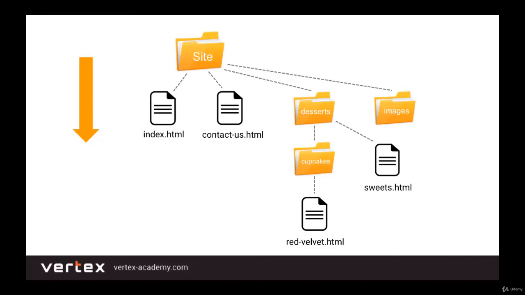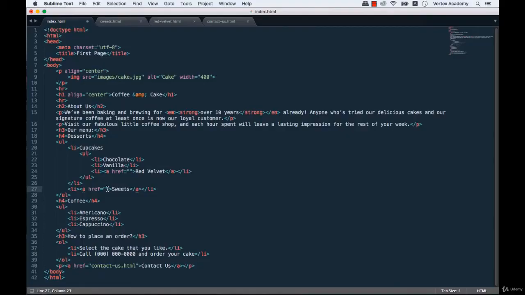Okay, so what's that actually going to look like? Well, very simple. To find the desserts folder, we just write desserts, the name of the folder. Then to enter that folder, the slash. And then to select the sweets file, just the name of the file, sweets.html. So that's exactly what we're going to add to our href. So desserts/sweets.html.